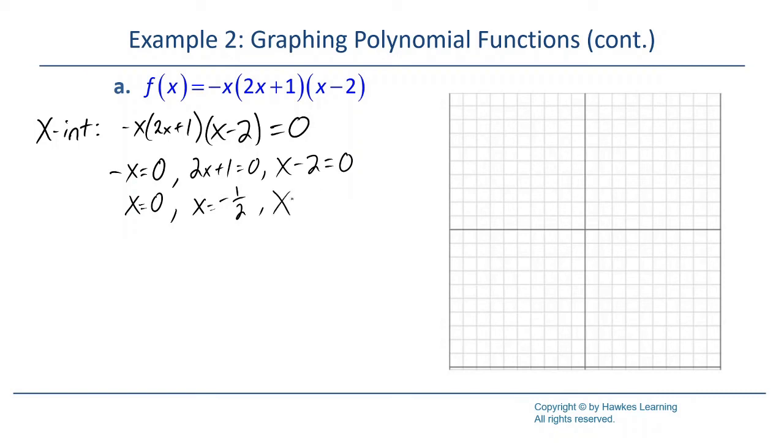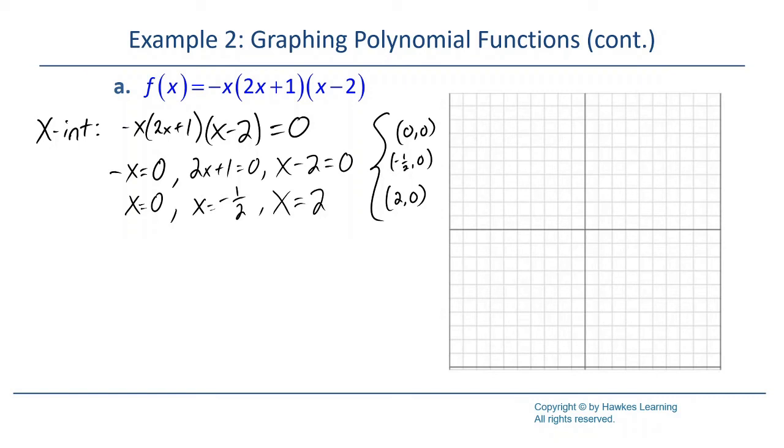And if I add 2 to both sides, for this one, I get that x is equal to 2. So our roots, or x-intercepts, are going to be (0, 0), (negative 1/2, 0), and (2, 0). So notice these points all have y values of 0, and the x-coordinate is what solved the equation.